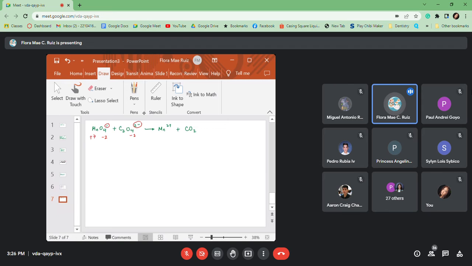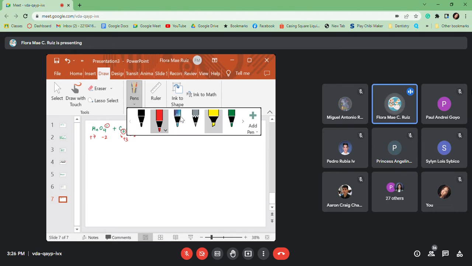Again, negative 2 times 4, negative 8. Negative 8 plus 6 will already yield 2 minus. But you see, there are two C. So each C will have an oxidation number of plus 3. Okay? So those are their oxidation numbers.